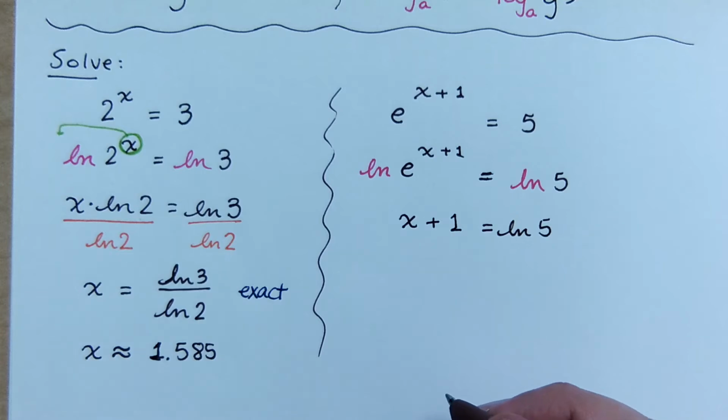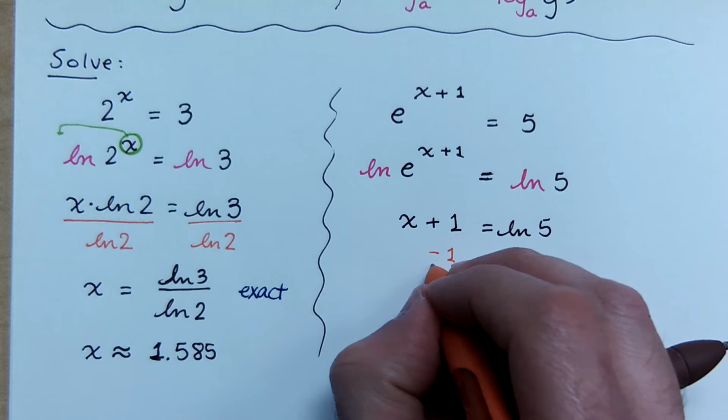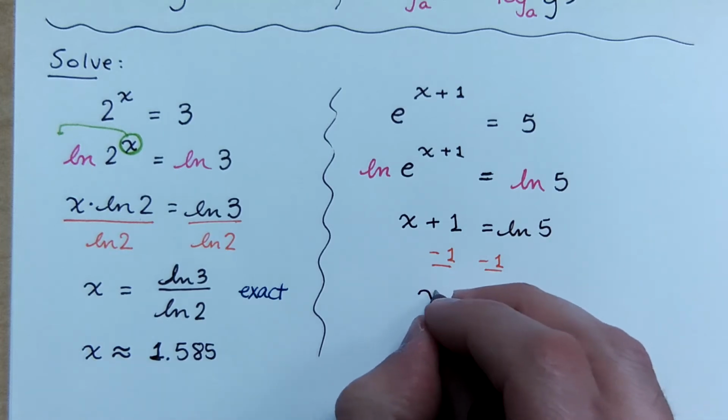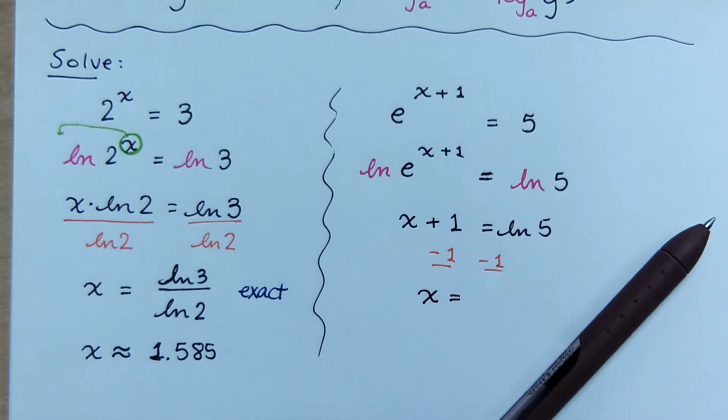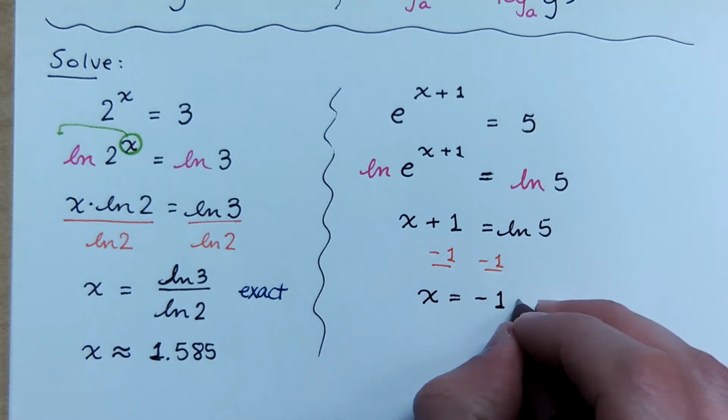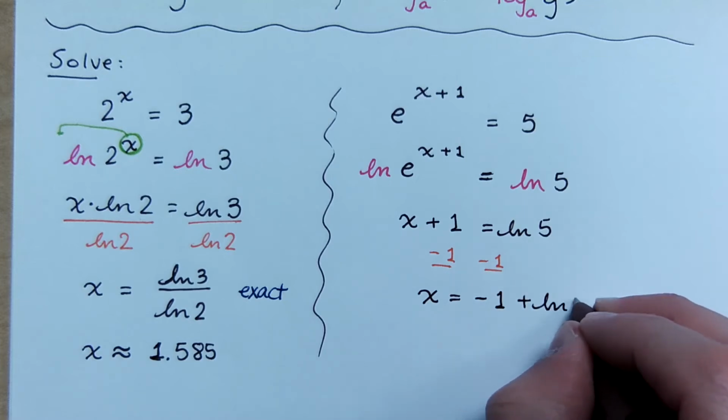And now you just have to solve this for x, right? I mean, how hard can it be? Is it hard? No. But here's what I'm going to say to you. When you subtract 1 and you move it to the other side, to avoid confusion, this is why you have to learn how to write things well mathematically. Write this in front and say negative 1 plus the natural log of 5.